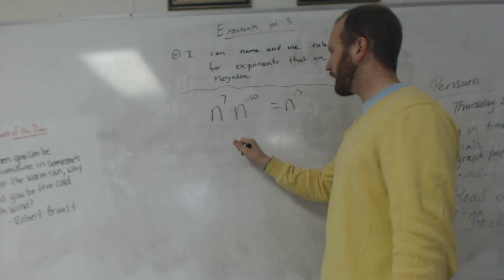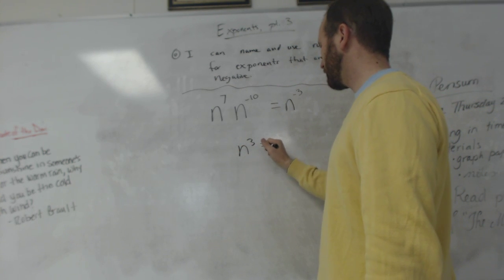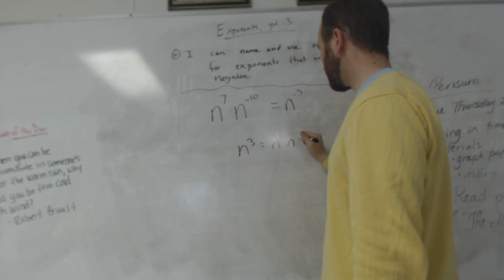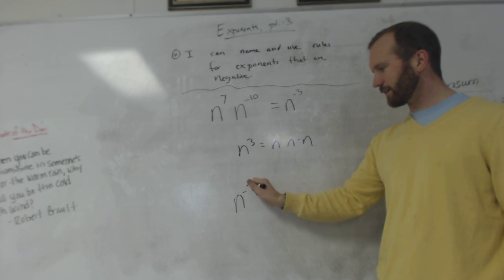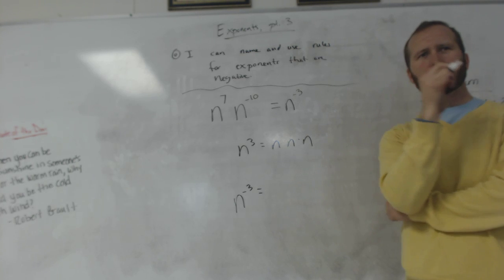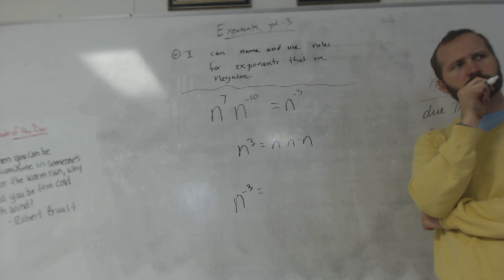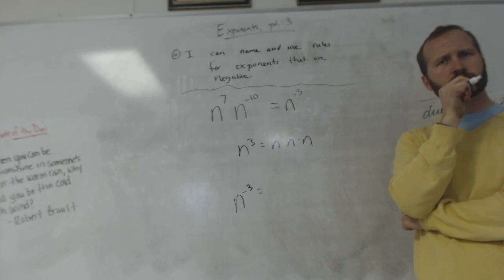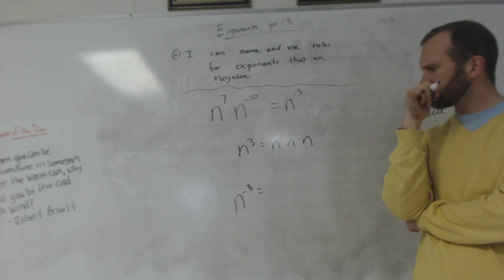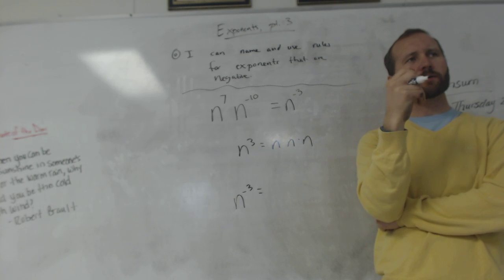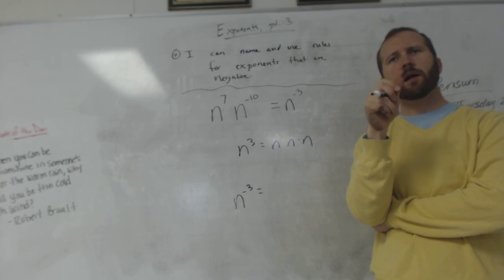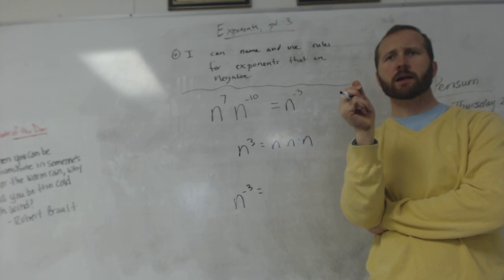Remember, n to the 3rd is n times n times n. What is n to the negative 3rd? What do you think it means to negatively multiply?